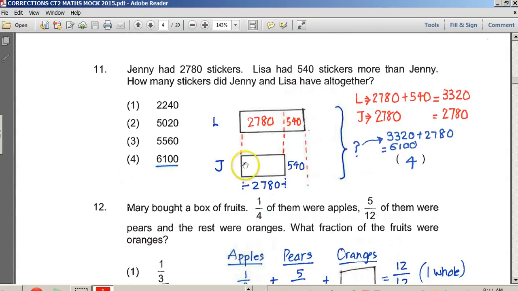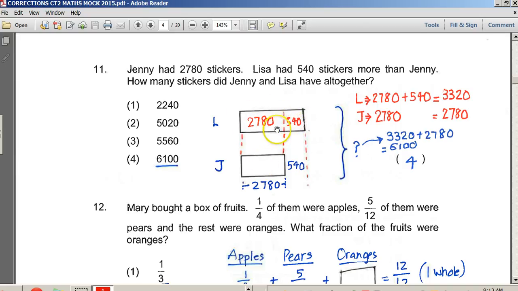Now to draw a model for this, Jenny had 2780 stickers. This is Jenny, 2780 stickers, a box. Now Lisa had 540 stickers more than Jenny. Lisa is this, and she has this portion more than Jenny. Can you see?